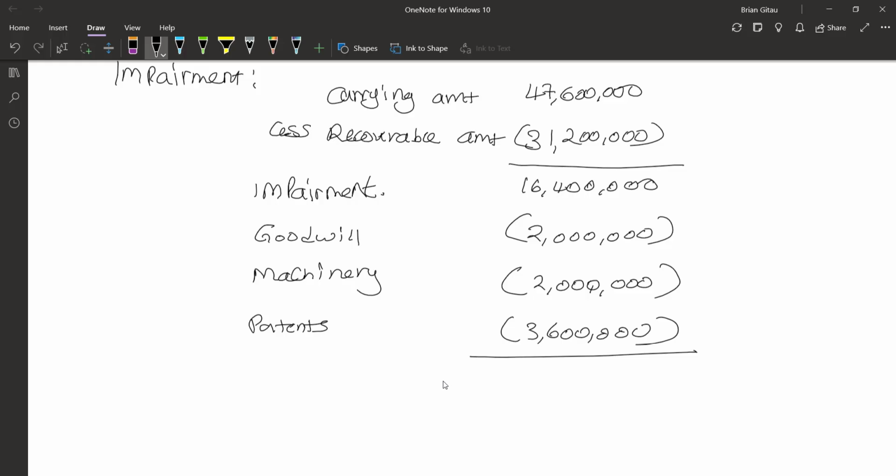So 16.4 minus 2 minus 2 minus 3.6 gives me 8.8 million. That is my new impairment loss. I can prepare a small table to show you what has happened.